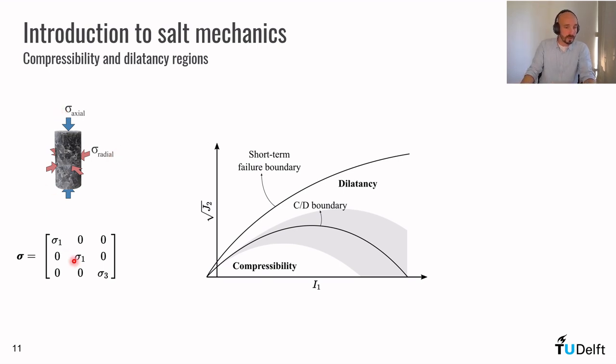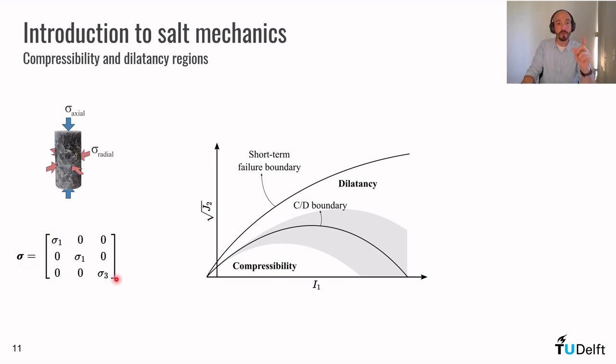And this gives a stress condition like this, for example. If we perform this experiment, we know that every point inside this element, because of symmetry, will be subjected to this stress condition here.